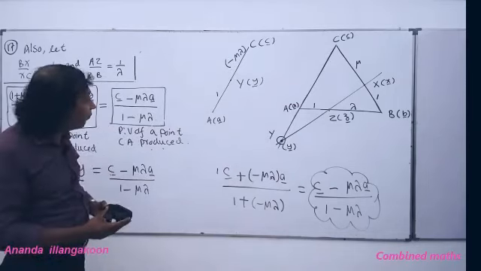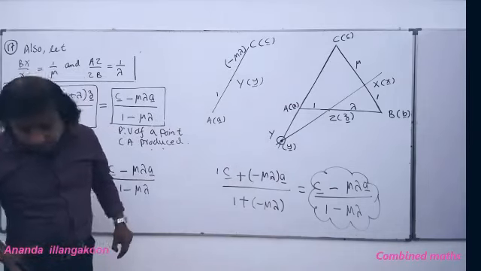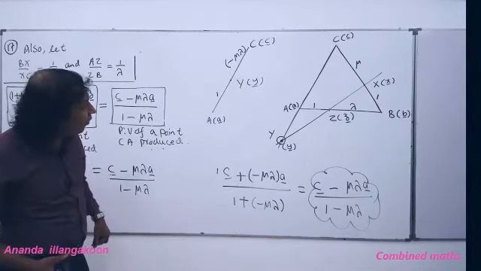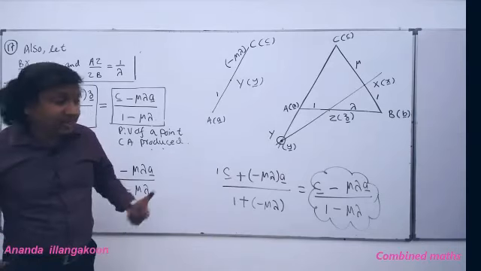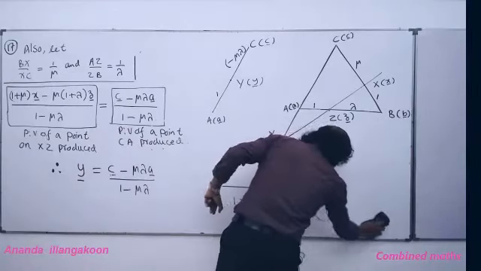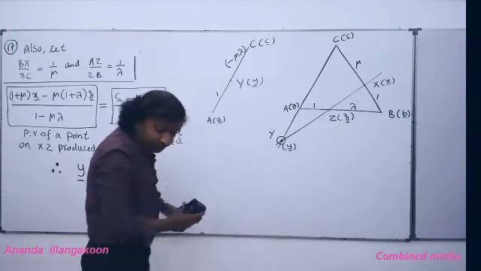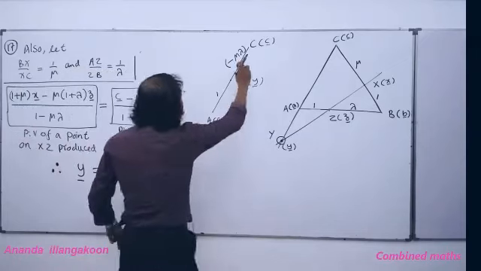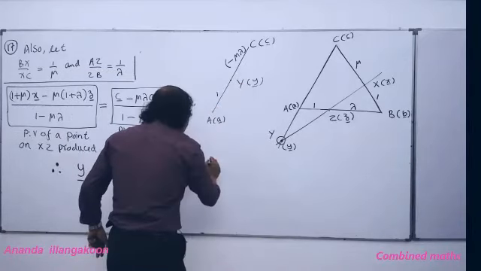Okay. Now, people, after marking like this, what are we asking? We are asking AZ ZB into CY YA into BX XC. Right. Okay. Now we can write. After marking this way, you can very clearly see the CY YA ratio.